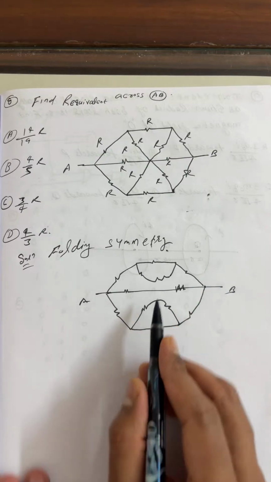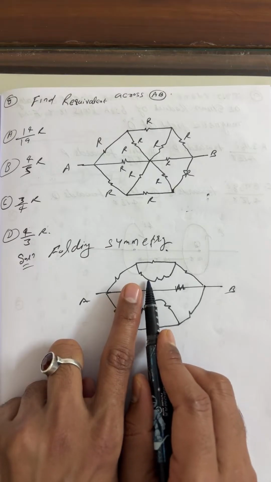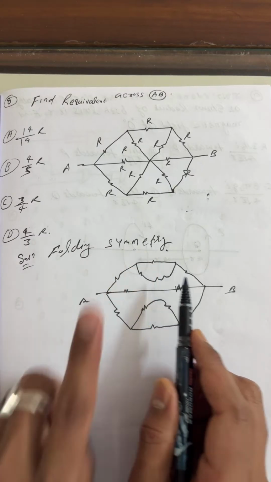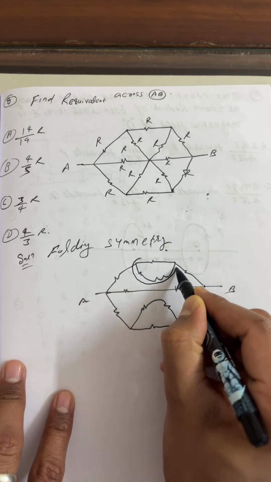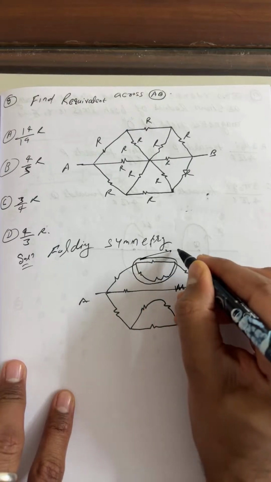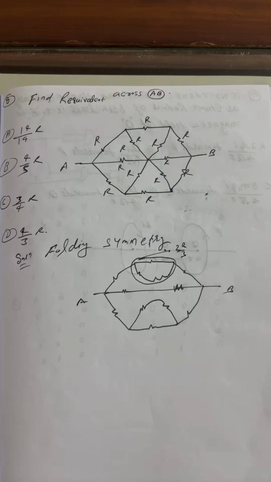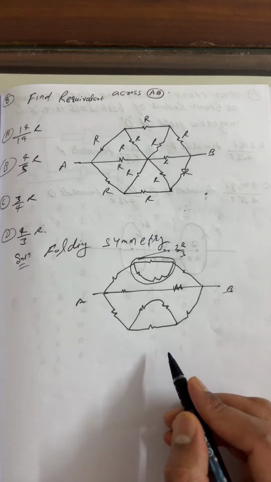Now this R and R in series is R plus R, which is 2R. 2R and R in parallel is 2R by 3. So the entire part you can replace by 2R by 3. Here, again you can apply the same thing.